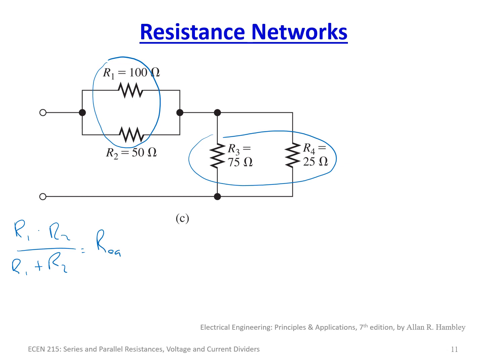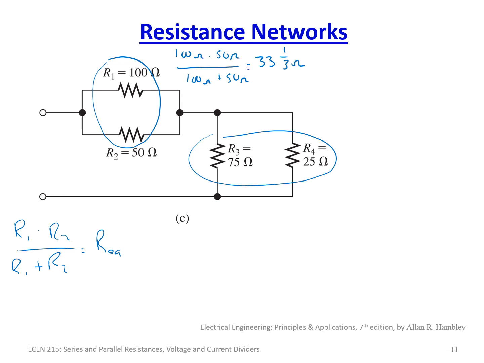For group 1, that ends up being 100 ohms times 50 ohms over 100 ohms plus 50 ohms, which is equal to 33 1/3 ohms.